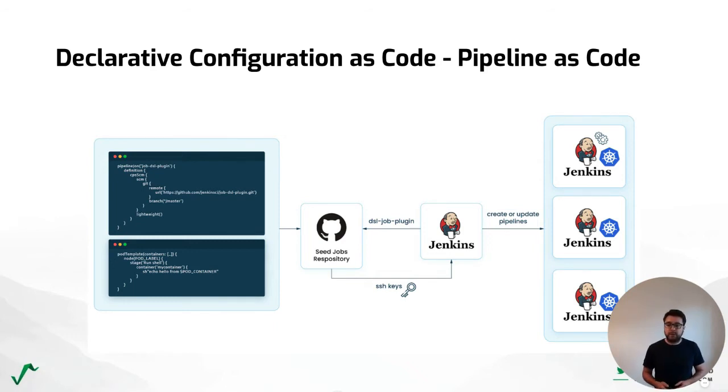So every time you modify the pipeline code in the Git repository and trigger a new build, Jenkins will automatically reconfigure this pipeline and use upstream changes. So that's a really nice mechanism for how you can automate pipelines.